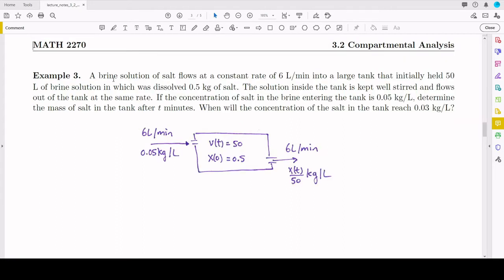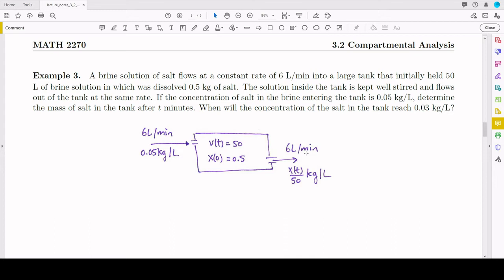So the solution flows into the tank at 6 liters per minute. That is what we have here. The tank initially held 50 liters of brine solution. So the initial volume was 50, but in fact, we can say a little bit more: the volume will stay constant at 50 because the solution flows out of the tank at the same rate.